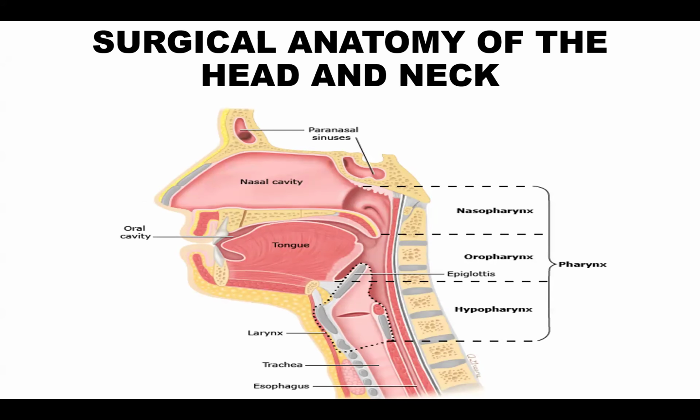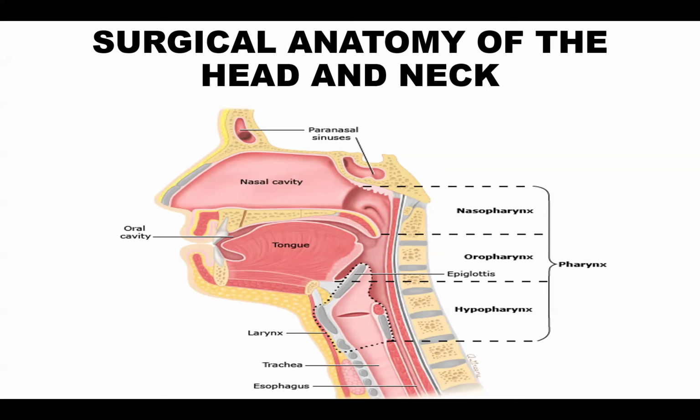Now let's look at this brief surgical anatomy of the head and neck, showing more of the paranasal sinuses. You can see the sphenoid, the frontal sinus. The skull and the brain is actually not captured in this anatomy. You can see the nasal cavity, oral cavity, the tongue, the nasopharynx.